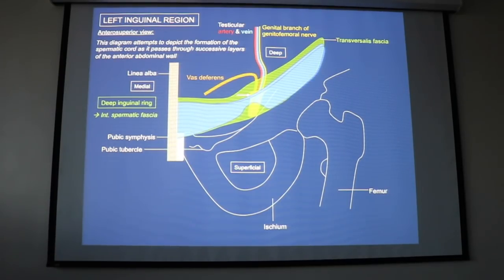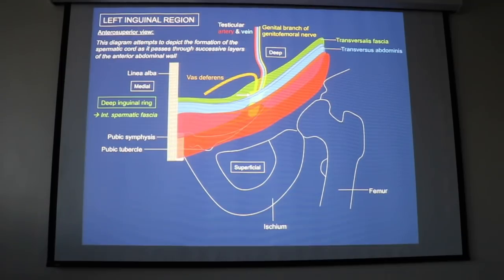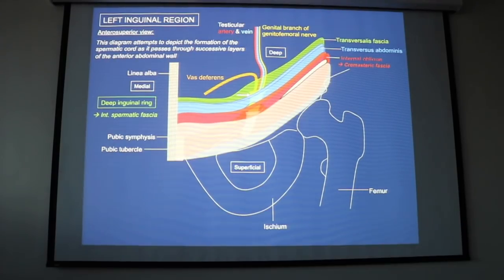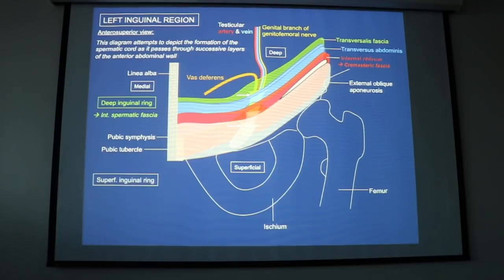Transversus abdominis, there is no contribution from here. There is a gap. Now this is my internal oblique. So this is cremasteric fascia. Yes. External oblique. And then the external spermatic fascia. Inguinal canal. Spermatic cord. Make sense?